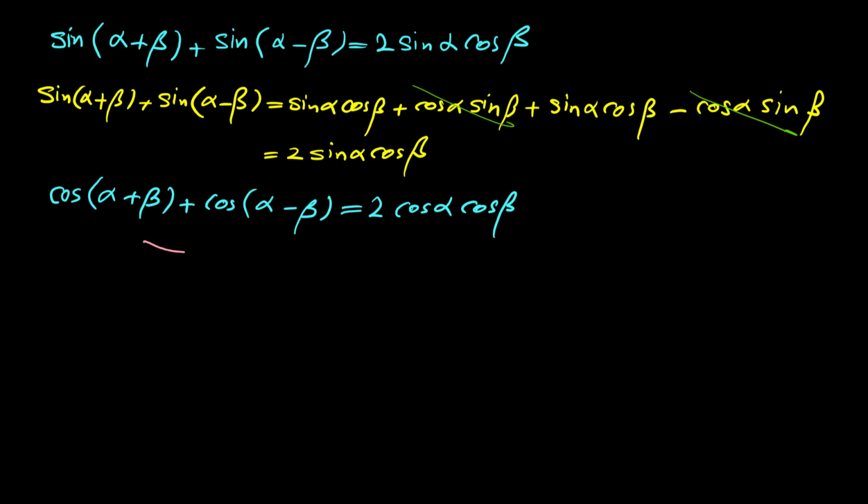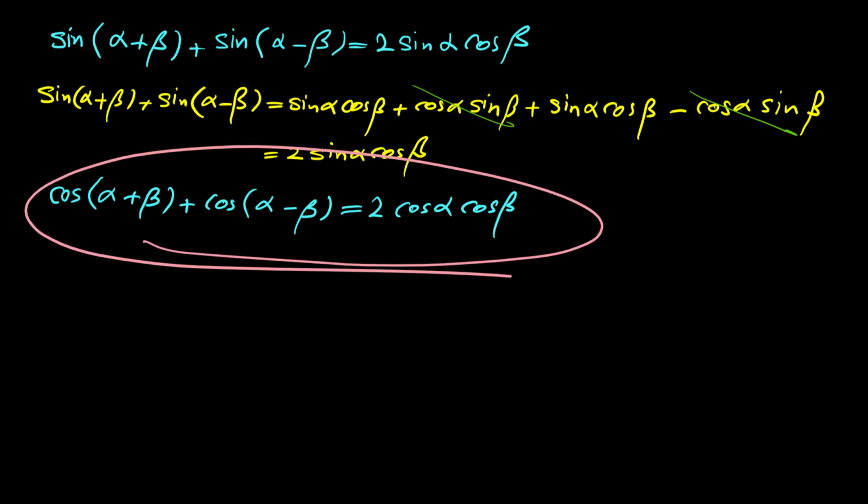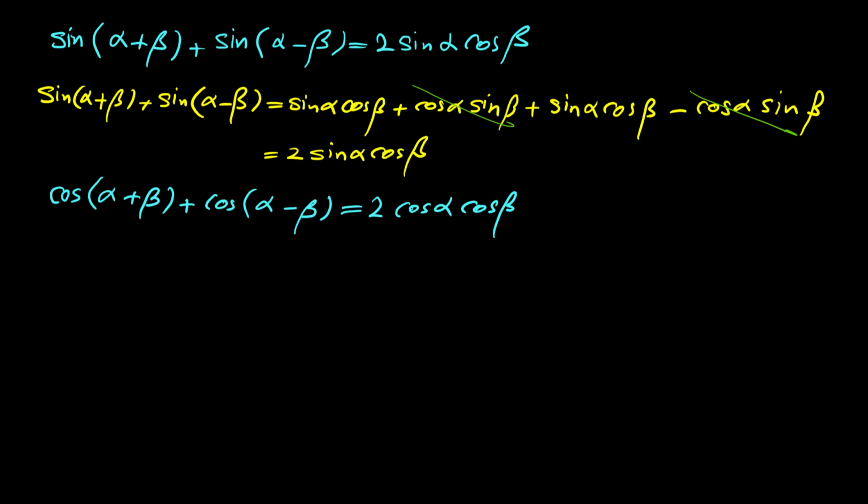The proof of the next identity is very similar. We expand this and we write this as cosine alpha cosine beta minus sine alpha sine beta. You know that for cosine the sign is opposite. Here is plus, here is minus.